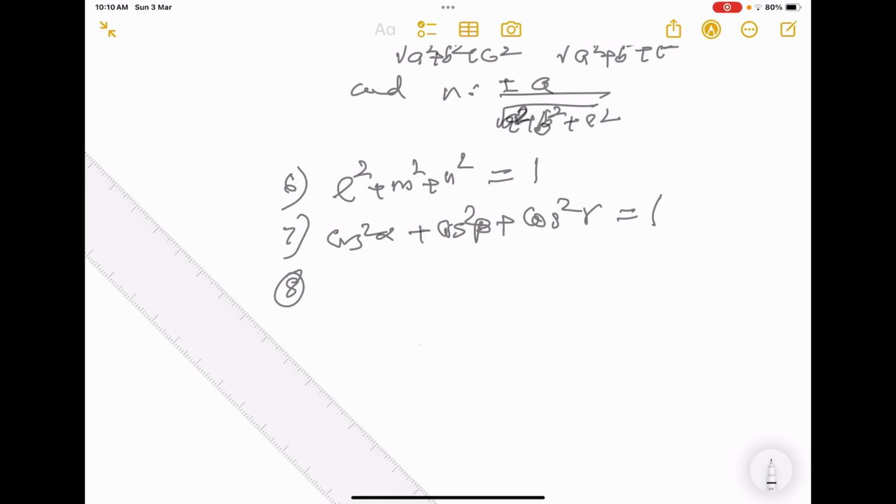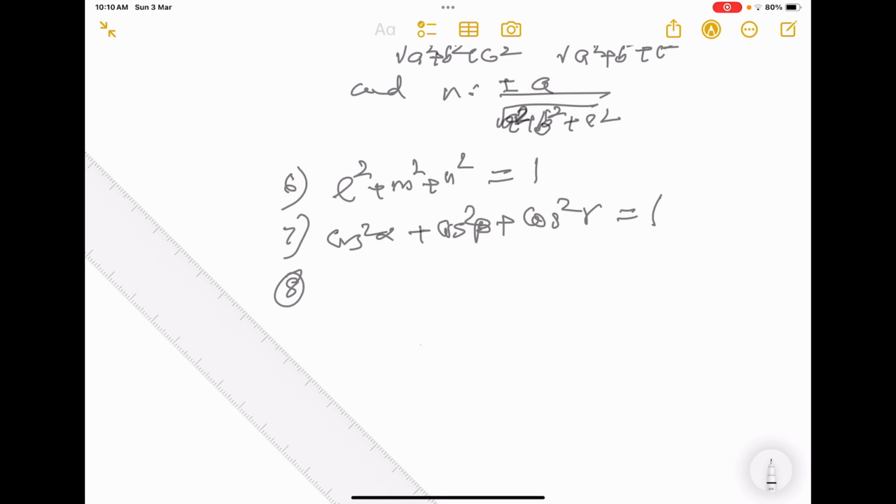Then we want to study the equation of lines. First one is the equation of a line passing through one point and parallel to a given vector. There are two forms, vector equation and Cartesian equation.